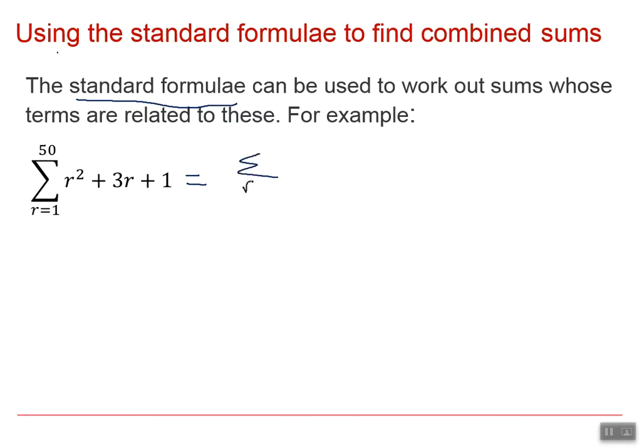It's going to be the sum from r equals 1 to 50 of r squared plus 3 times the sum from r equals 1 to 50 of r plus the sum from r equals 1 to 50 of 1. Do remember that that number at the end does need to be included because it doesn't just come out as a 1, it will come out here as a 50.